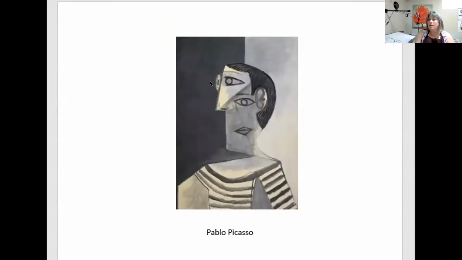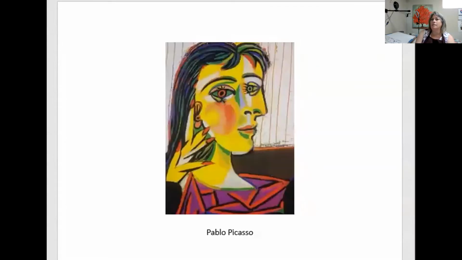Here we have again, part of the image looks like a profile, and the other part looks like a front facing. Okay. And he goes in and he distorts in other ways as well. But I think for our purposes, we're just going to pay mostly attention to that profile and forward facing idea.